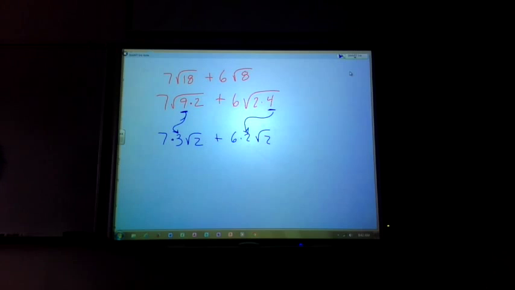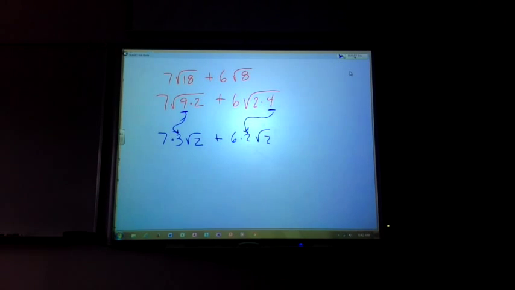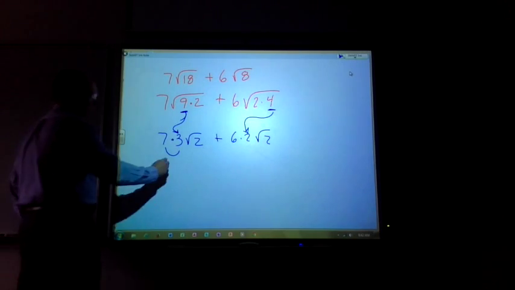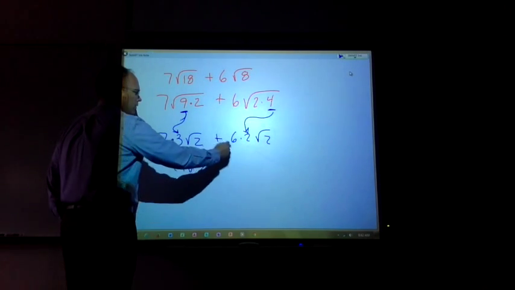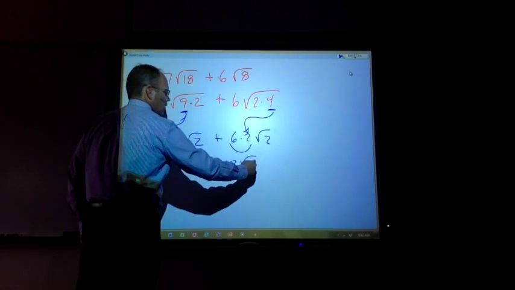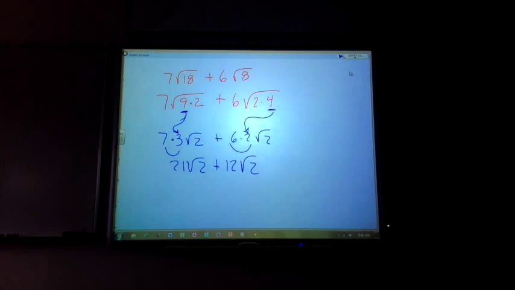Does that look okay so far? Any part of that we can't do? Steve, we can multiply outsides. Okay, what's 7 times 3? 21. And what's 6 times 2? 12. Raise your hand if it looks like we have like terms right now.